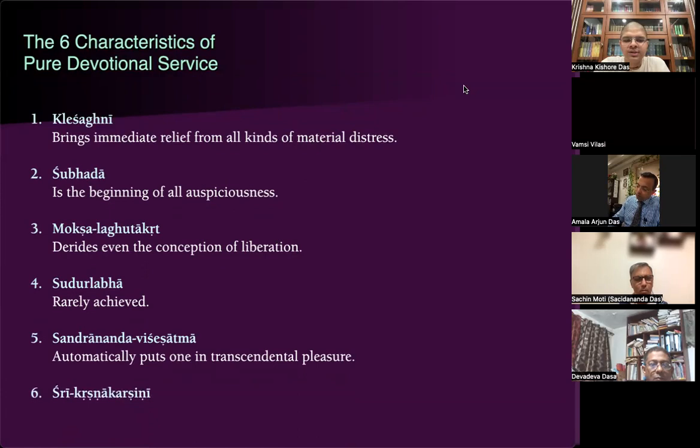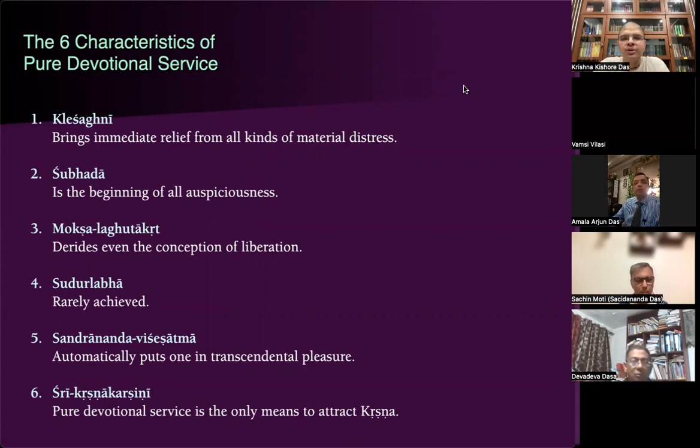No other processes can do this work. So these are very, very special symptoms of pure devotional service. You should remember the Sanskrit names also, but if you can't pronounce them or remember them, at least remember the English translations. So the 6 characteristics are, first is Kleshagni.